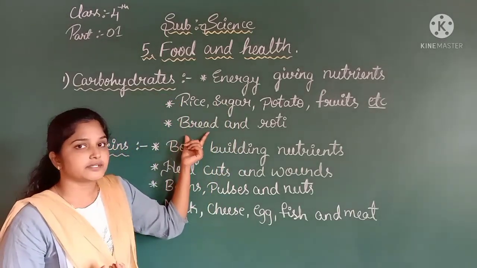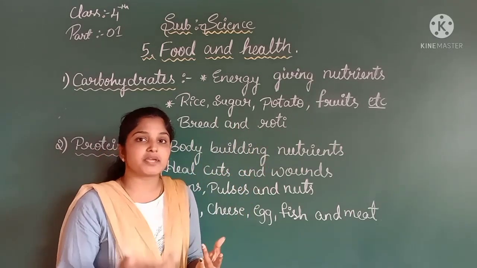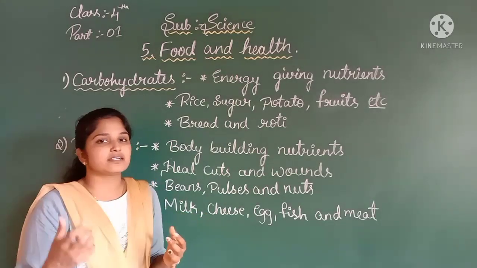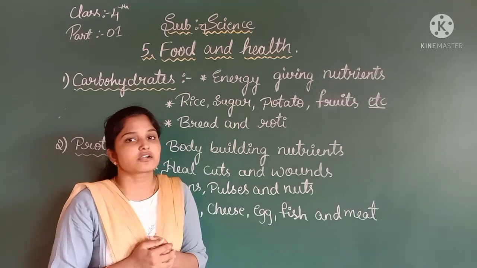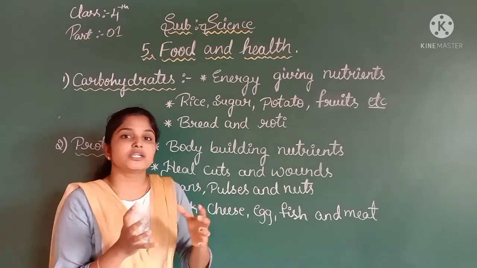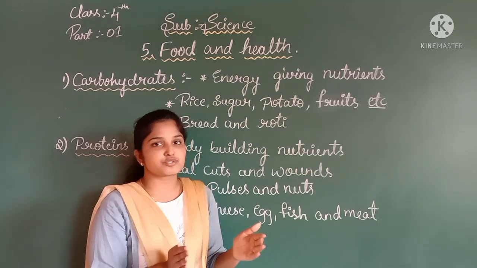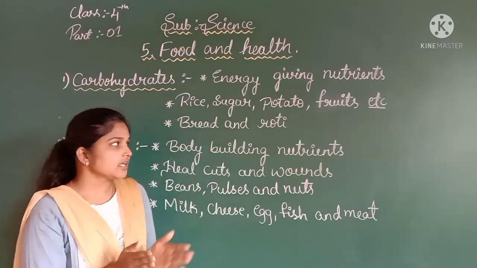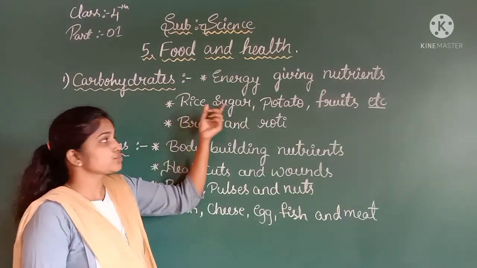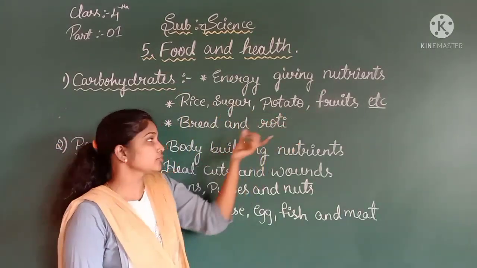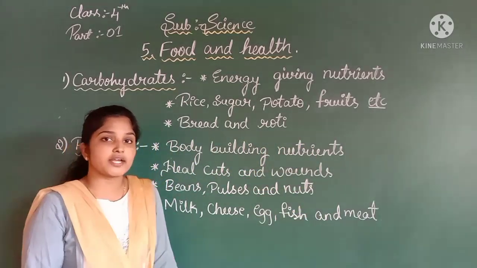Bread and roti, which are made from wheat and maize, give the needed amount of carbohydrates. They are not very rich in carbohydrates, but they give the needed carbohydrates to our body. So rice, sugar, potato, fruits, bread and roti contain carbohydrates.